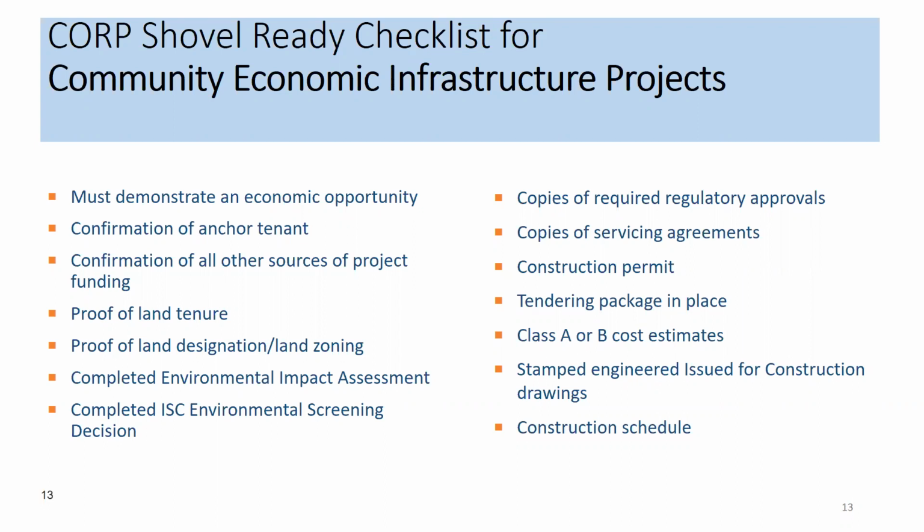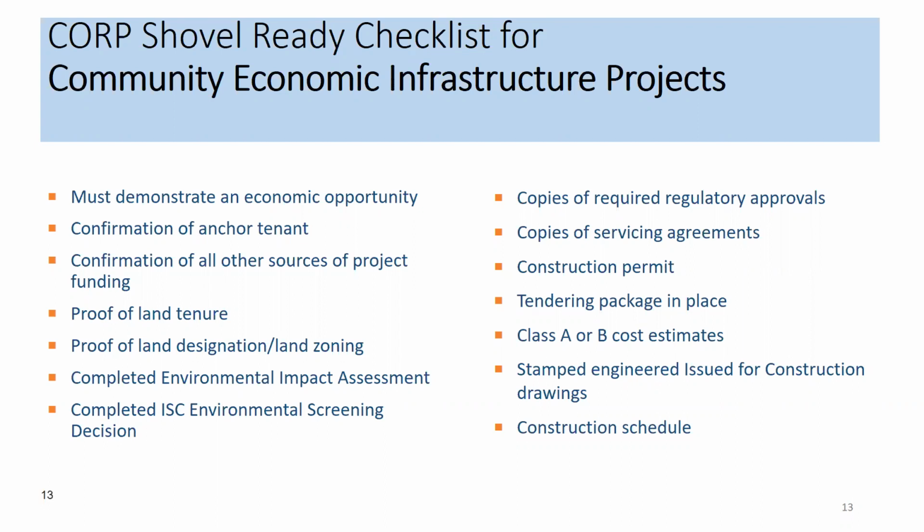Copies of regulatory approvals, that includes permitting, construction permits, and any other kind. Every project could be different with different requirements, so we just need to see that all of those have been met.